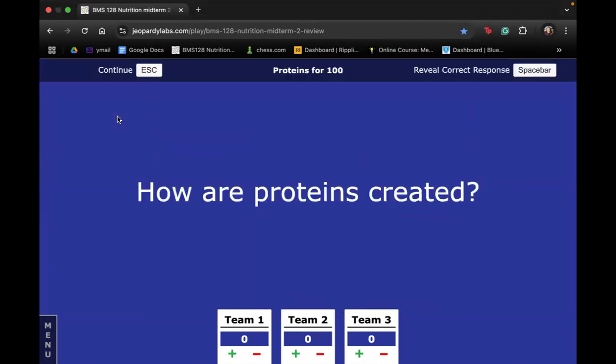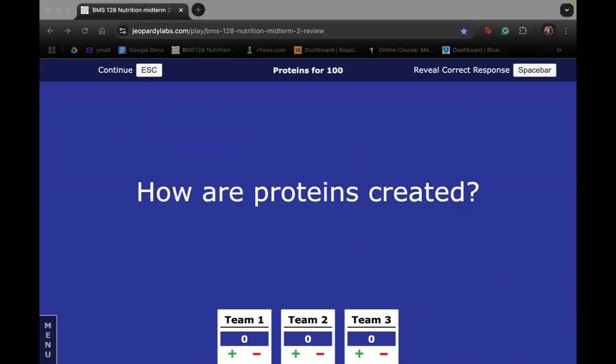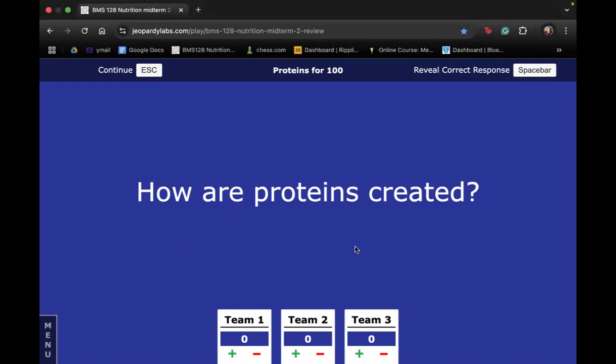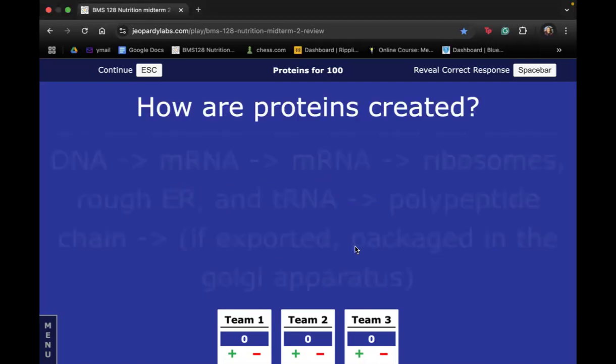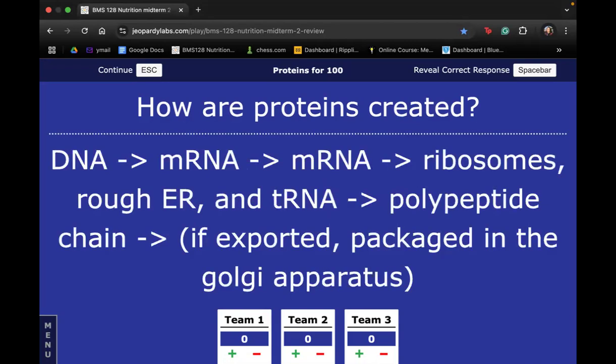How are proteins created? DNA has the formula for it, and the messenger RNA passes it on to ribosomes, which are created in the rough ER.